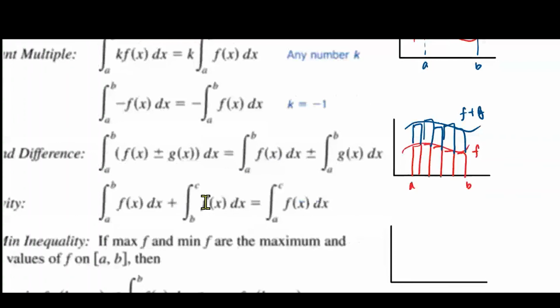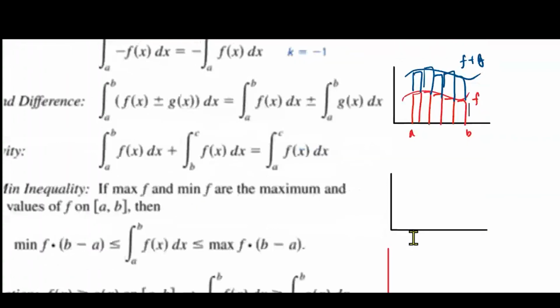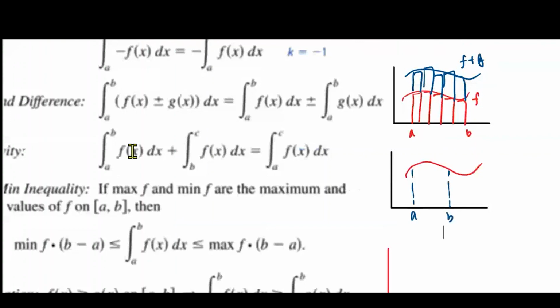Now this one, I'm going to bring it up here. Okay, this one, let's say my function looks like this. Okay, and area from A to B, this is A, and let's say that's B. So that's this area, right?